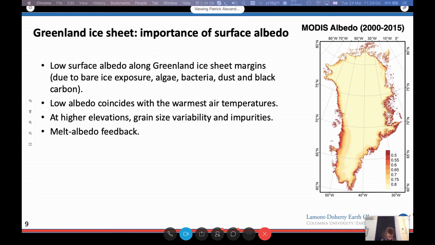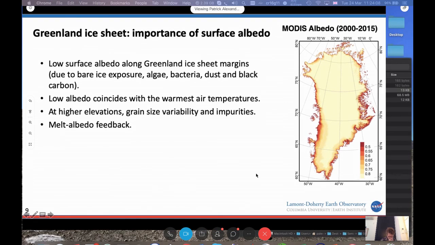And that ice has a lot of impurities, including algae, bacteria, dust, black carbon, and that can make the surface even darker. And the albedo is important there because it also happens to be the area where temperatures are warmest and elevation is lowest. And so you have warmer temperatures combined with lower albedo and a higher likelihood of albedo feedback.